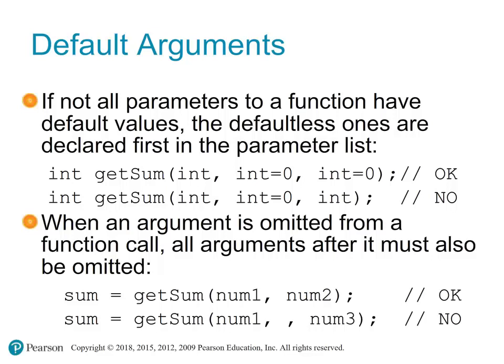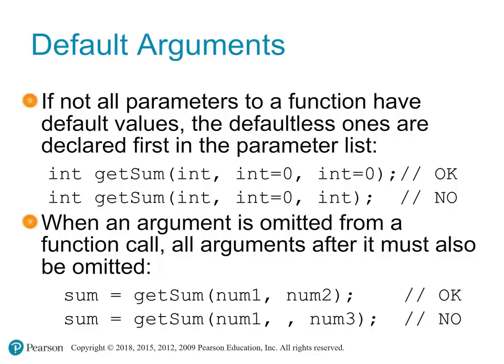If you omit an argument that has a default value in a function call, all the arguments that follow it must also be omitted. For example, sum = getSum(num1, num2) is correct. The incorrect one is sum = getSum(num1, , num3), where num2 is omitted but num3 is given.